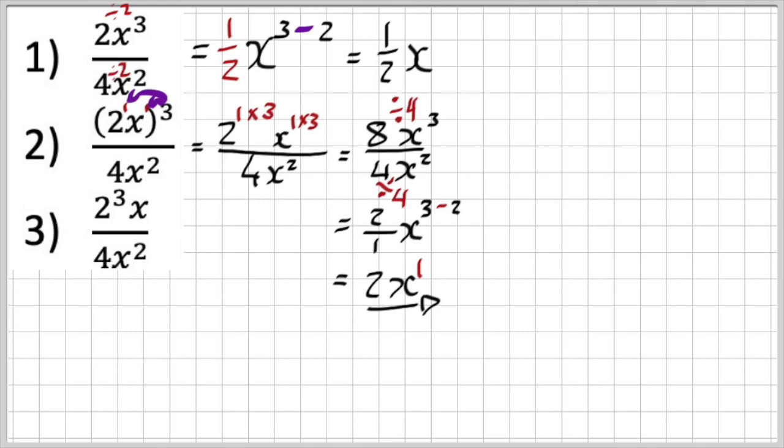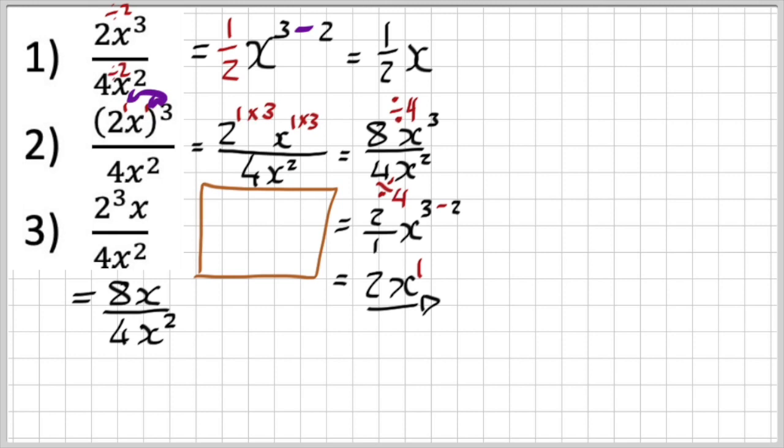In other words, this is the same as 8x over 4x squared. Now if you want to apply this directly, ladies and gentlemen, you can say 8 divided by 4 is 2, and then for the x, I can apply the second law, which says it becomes x to the 1 minus 2.